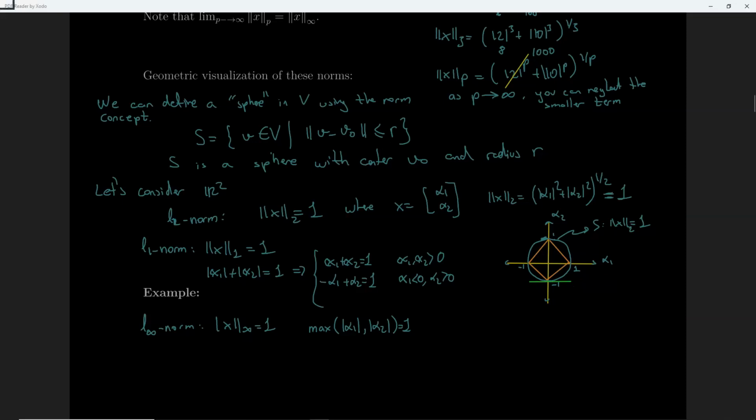So these are the points in the form where alpha 2 is equal to minus 1 and alpha 1 is changing between minus 1 and 1. And the norm of those points is equal to 1 with the infinity norm. Okay. And if you continue in that way for all the points over there, all the points on this line have the first entry equal to 1 and the other entry changing between minus 1 and 1. So the maximum of absolute value alpha 1 and absolute value alpha 2 is equal to 1. The same is here and the same is there.